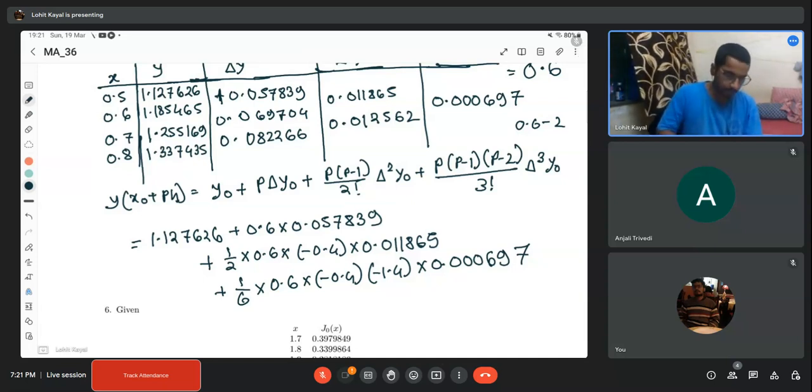Okay, so let's calculate this again. This is a long calculation. So what is the result? 1.127626 plus 0.6 into 0.057839 plus 0.5 into 0.6 into minus 0.4 into 0.011865 plus 1 by 6 multiplied by 0.6 multiplied by 0.4 into 1.4, because minus minus will be plus finally, into 0.000697.